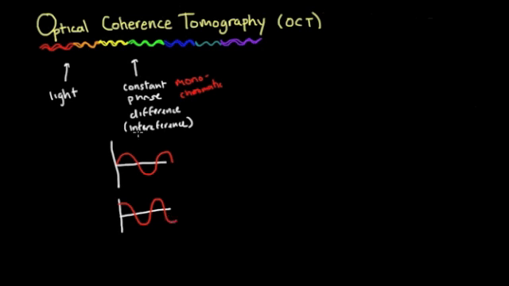And as you can see, with both of these red light, the wavelength remains the same. So the wavelength is this peak to peak distance. And regardless of where the peaks are, the wavelength is always the same if you have a single color of light. But these waves are not the same. You can see that they're a little bit different.